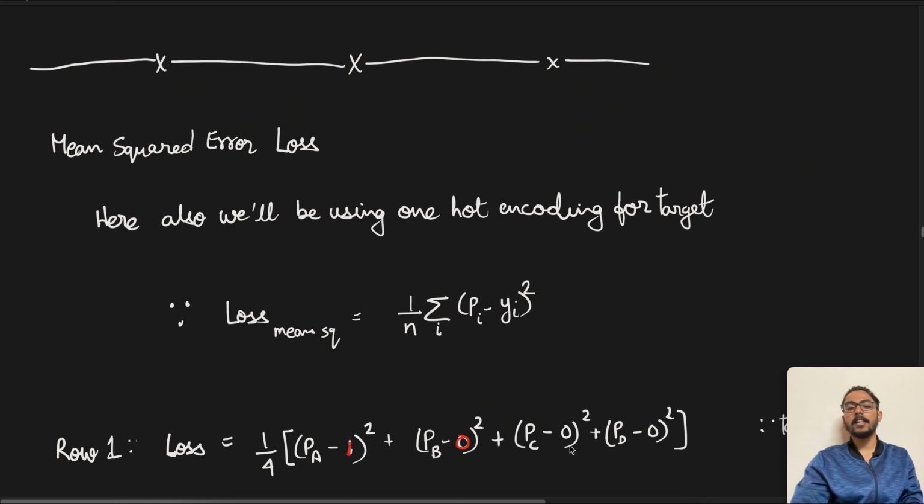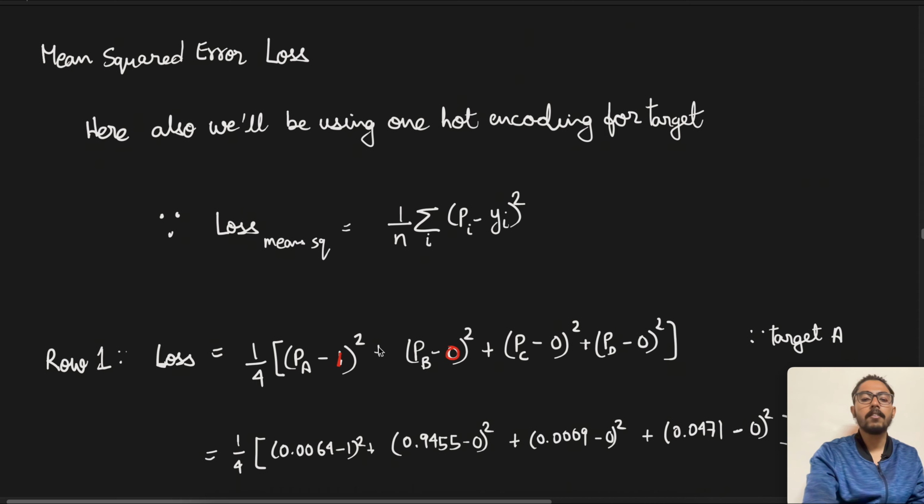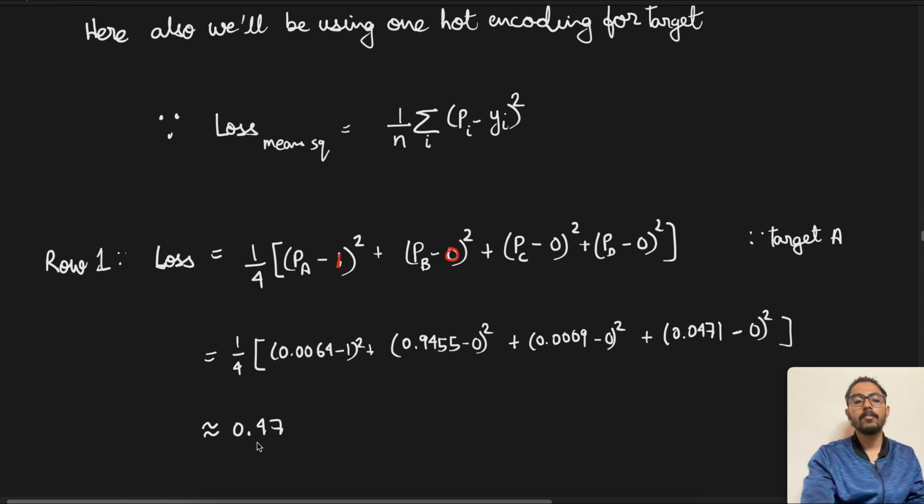Next (PC minus 0) plus (PD minus 0) whole squared. This will be calculated in numerical format, and if we do all the calculation here, we get 0.47, right? So we understood that if we are using one hot encoding, then only that class will sustain in the logit and the rest will all become 0.